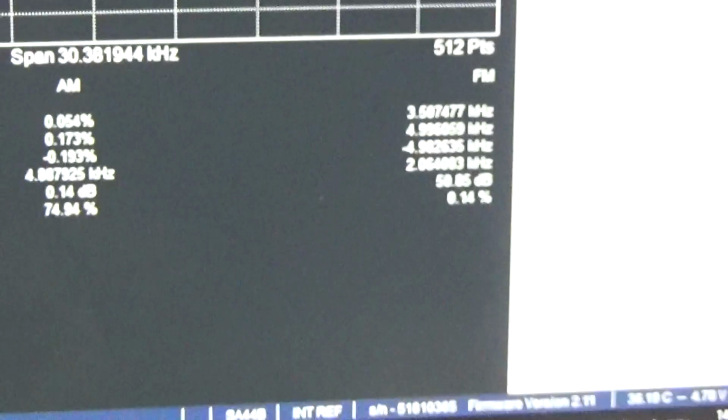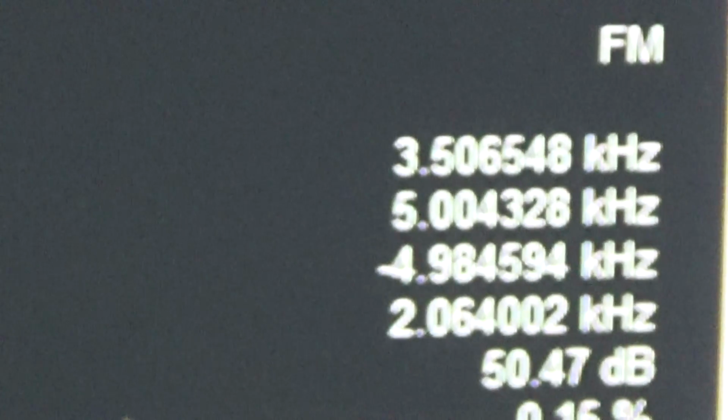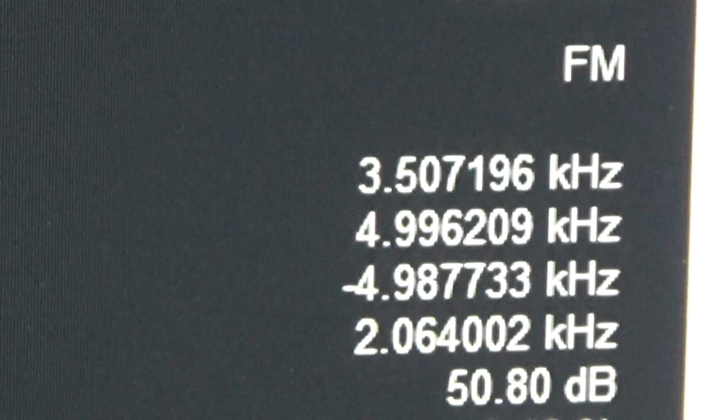Okay, let me zoom in, maybe then you can see it much better.